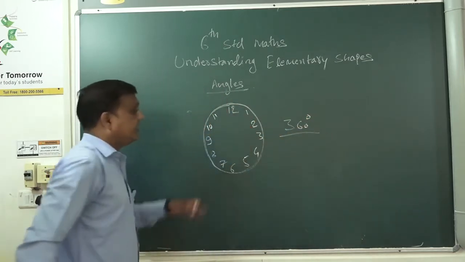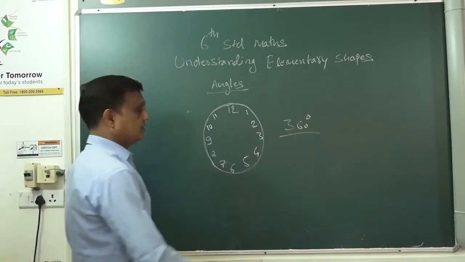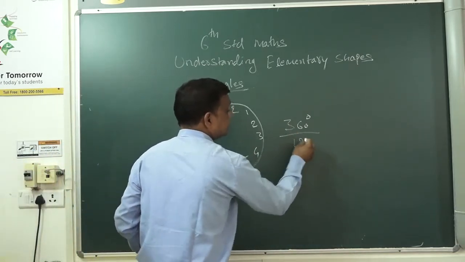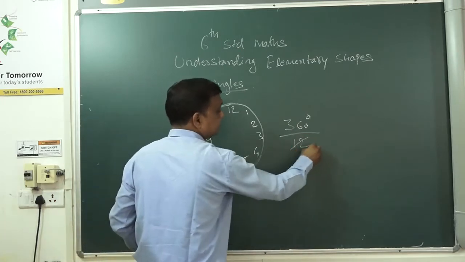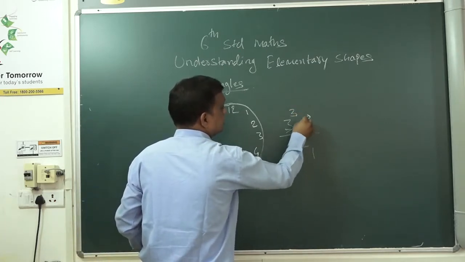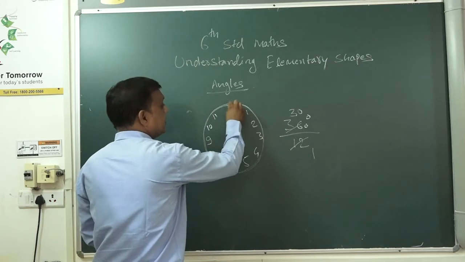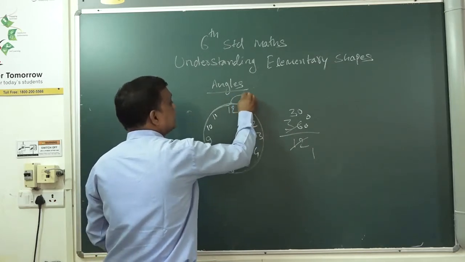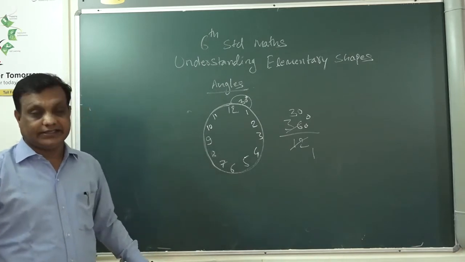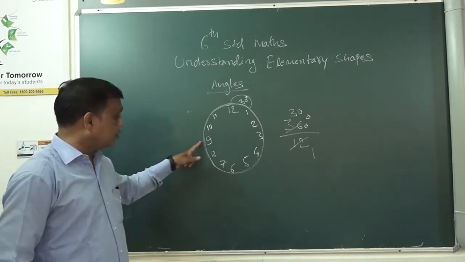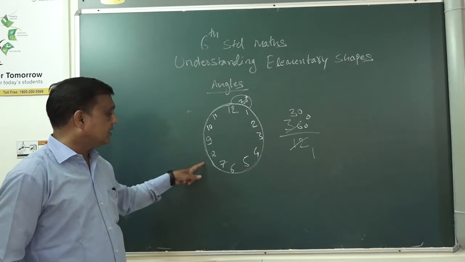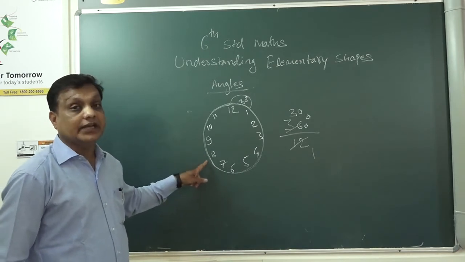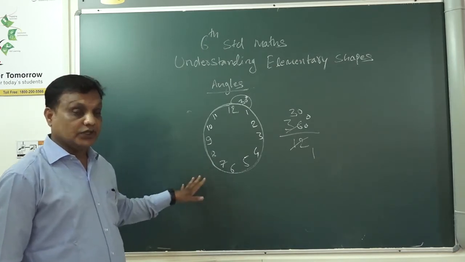In 360 degree, how many numbers are there? 12 numbers. So 360 divided by 12 is 30. Between any two numbers, there are 30 degrees. It is an easy calculation.